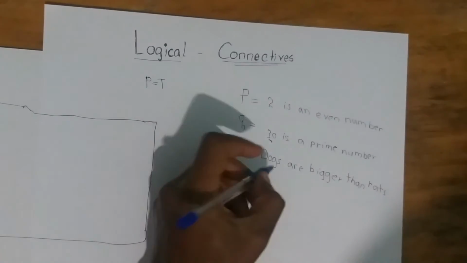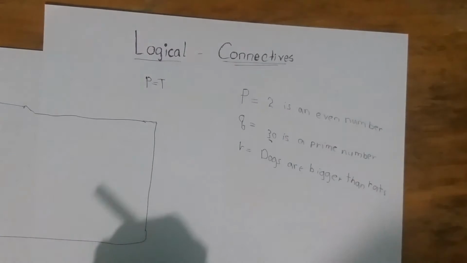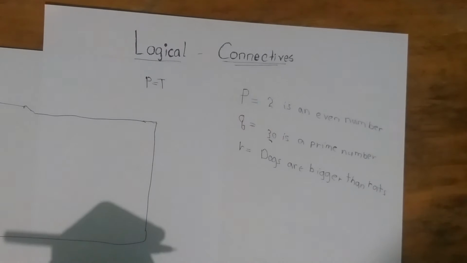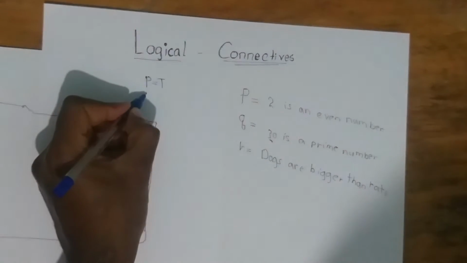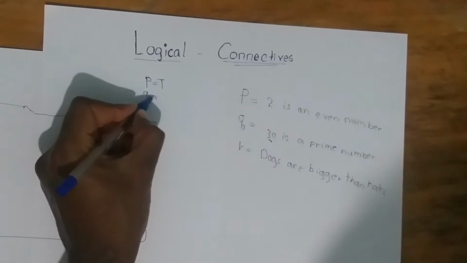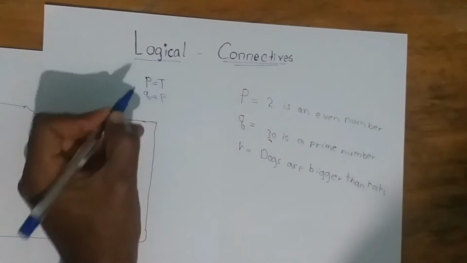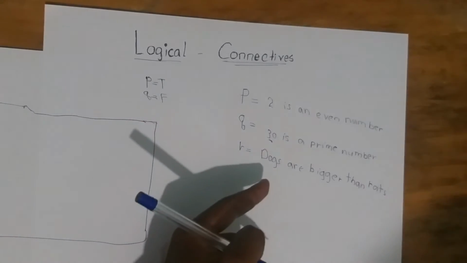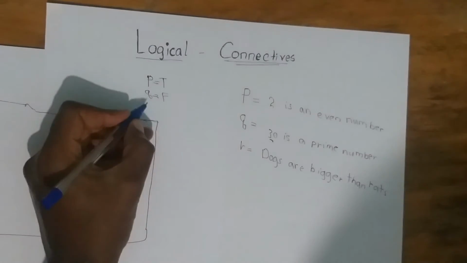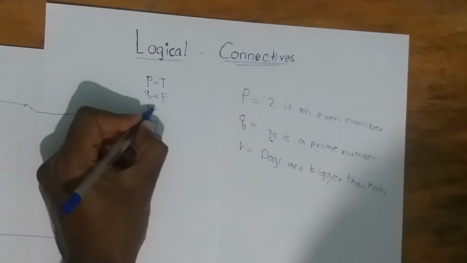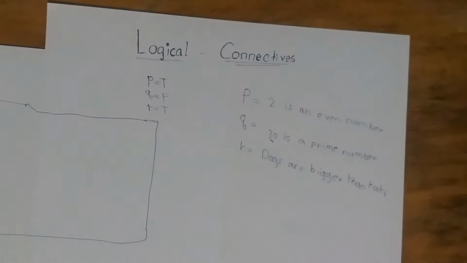Q says 30 is a prime number. 30 is not a prime number, it is a composite number, so Q is going to be false. Our statement says dogs are bigger than rats. It's going to be true here again.